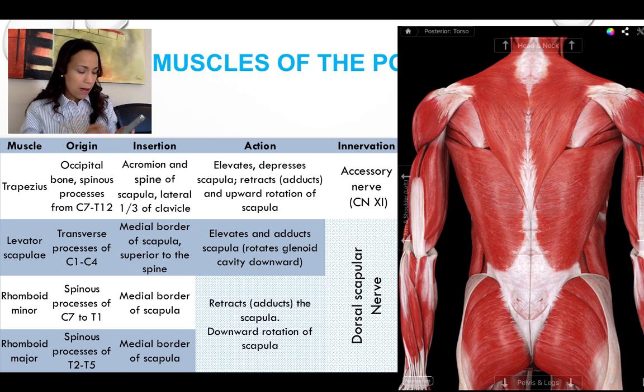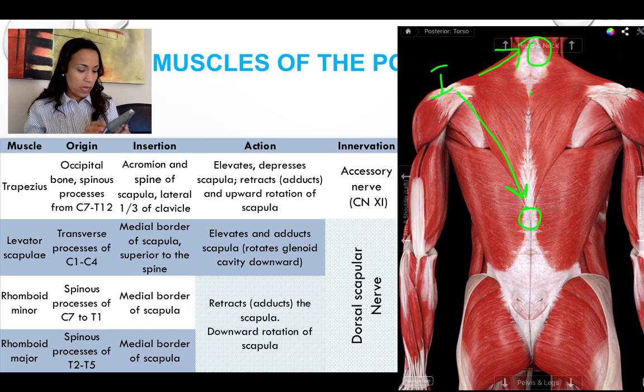So the superior fibers of the trapezius, what do you think they can do? Insertion and origin, they move towards the origin so we can elevate the scapula. But we can depress it too, because in here we have more origins, right? And if these fibers contract, they can pull the scapula down, and that's depression.